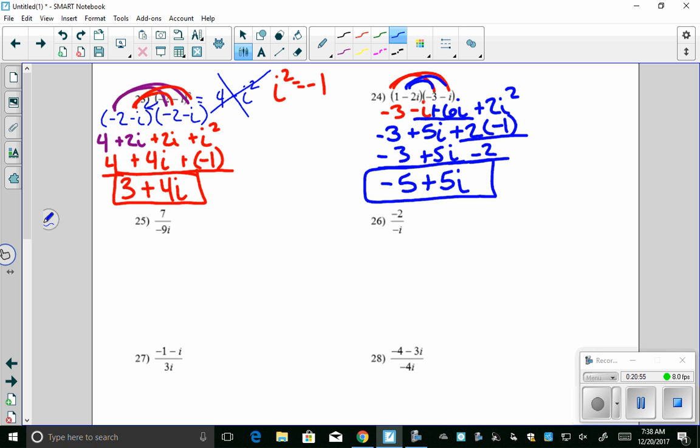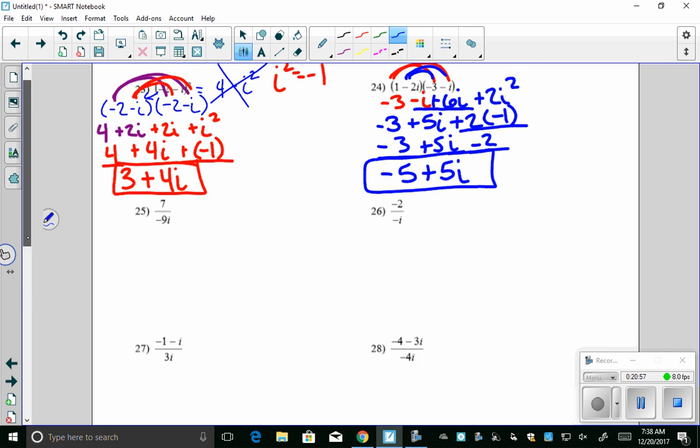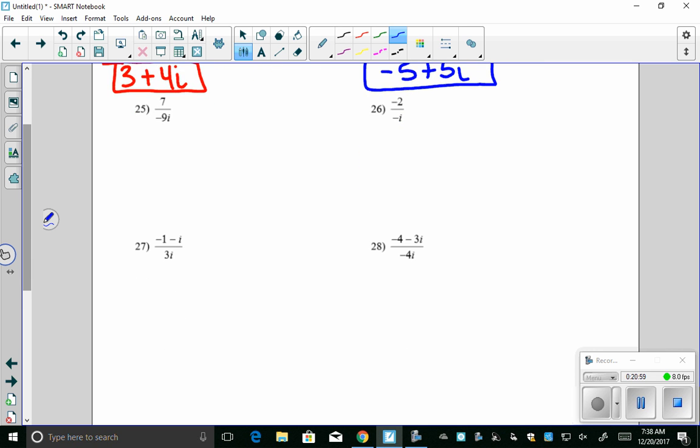25. When you have a monomial on the bottom, which is this right here, it is one term. All you have to do is multiply both top and bottom by i. Not negative 9i, just i.